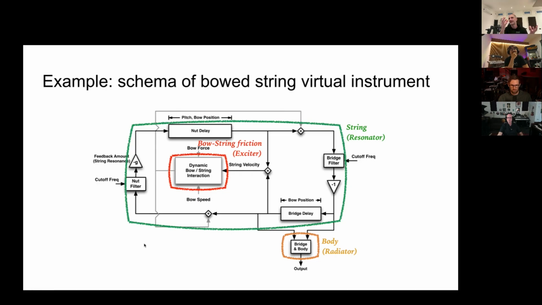Here is the schema. Of course the real one is more complex, but I tried to put in the main elements. So back to the first slide, we have the three main elements. The bow-string friction is the exciter, in this block in red, let's say.